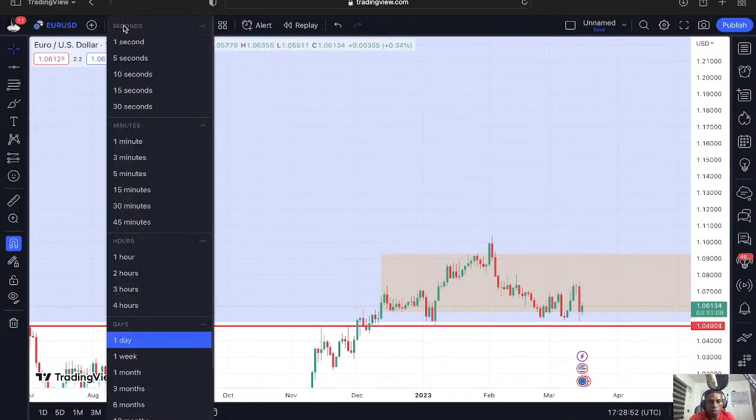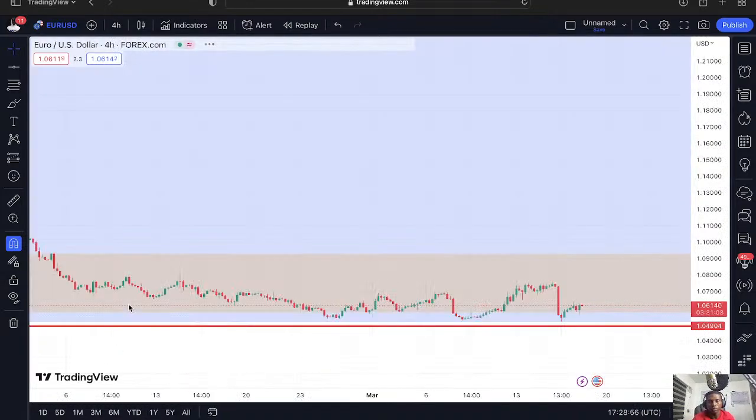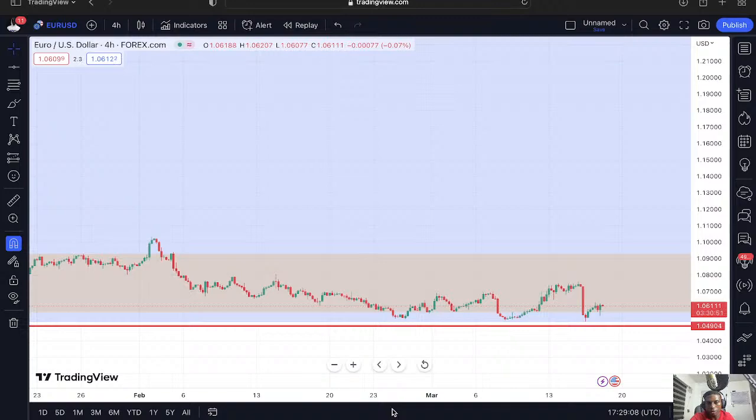So let's go to the lower time frame, the 4 hour time frame. Good. So we can see what is happening on the 4 hour time frame more clearly.